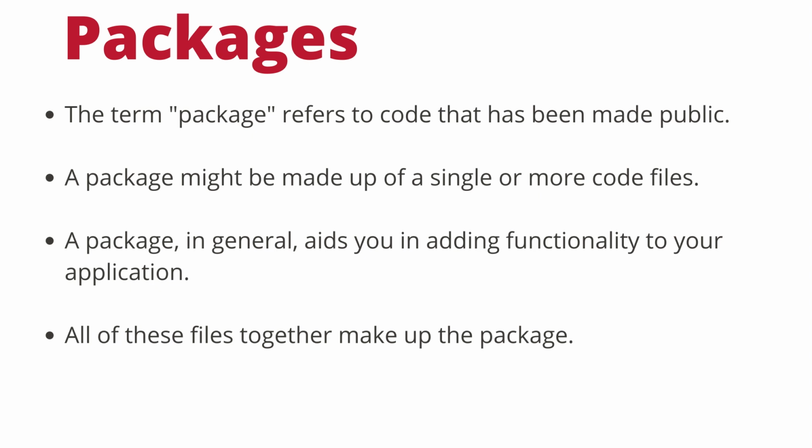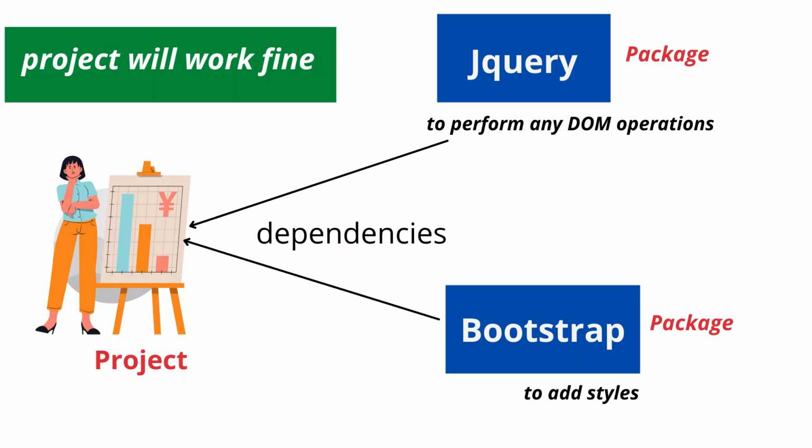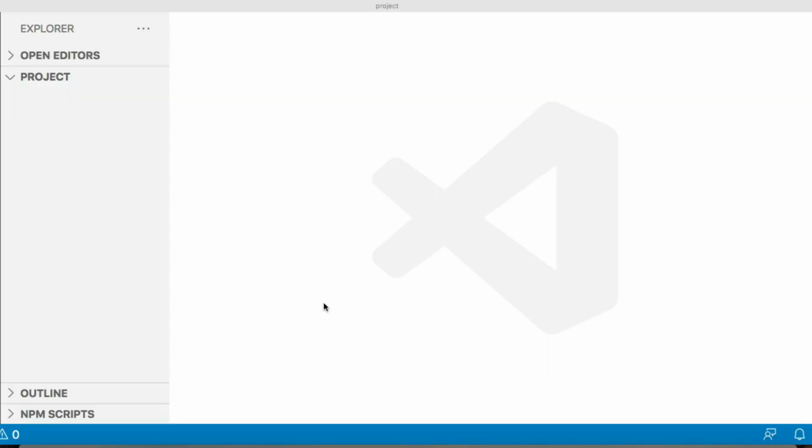Now let's understand one simple requirement and there we will understand why NPM is important. Suppose you are building a very simple project and jQuery and Bootstrap are two packages which act like a dependency for my project. jQuery is just to perform some basic JavaScript operations and Bootstrap maybe to implement some design and style for my application. So now without NPM, if I want to use these two packages in my project, what do you usually do?